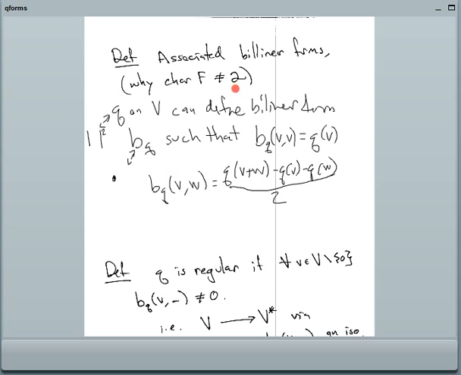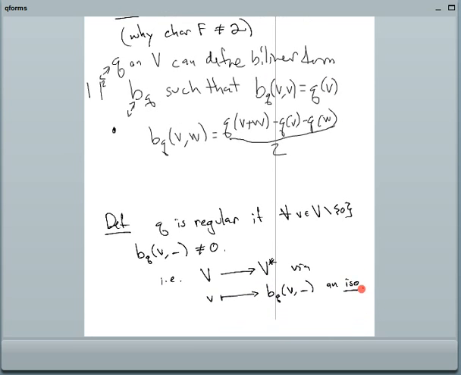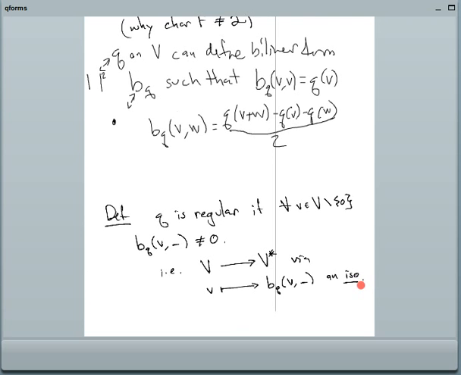It's just somewhat different, because when the characteristic is not 2, we allow ourselves to go back and forth between quadratic and bilinear forms depending on whatever is convenient. But this is not a trick that's available in characteristic 2. You have to modify it. But anyways, we'll just assume that the characteristic is not 2, so that we can freely go back and forth between quadratic and bilinear forms.